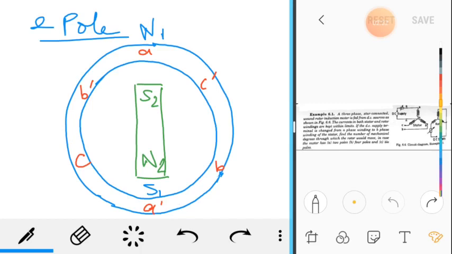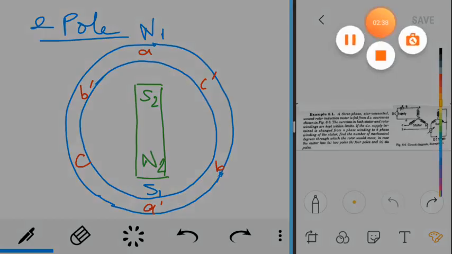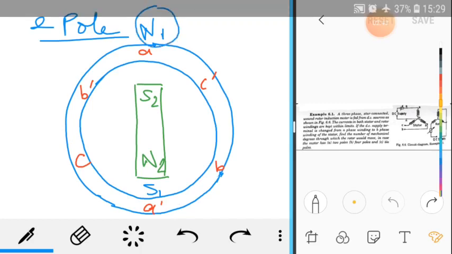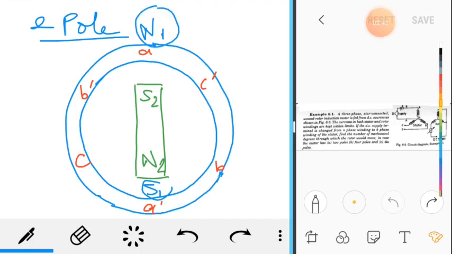So with the help of the DC supply there is a creation of stator and rotor poles like this: N1 at A and S1 pole at A dash. Because the DC supply at the stator is at A, a north pole is induced at N1 and a south pole at A dash.